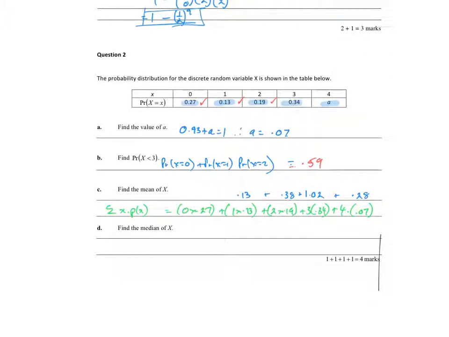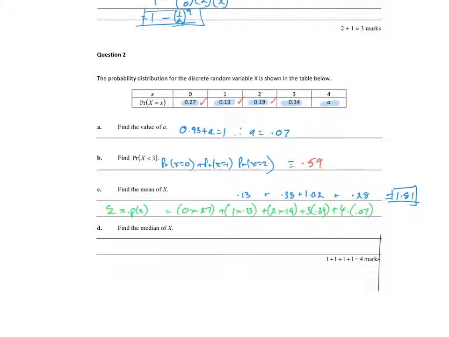So we get 0.13 plus 0.38 is 0.51, plus 1.02 is 1.53, plus 0.28 is 1.81. If I had time, I'd go back and check some of my arithmetic there. It's possible, but hopefully you've got the gist.